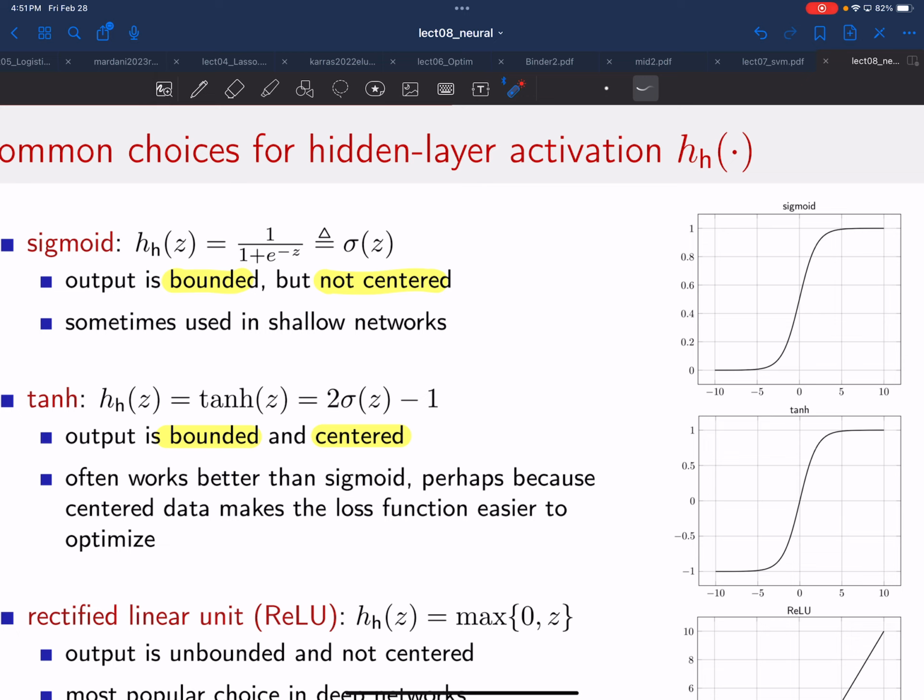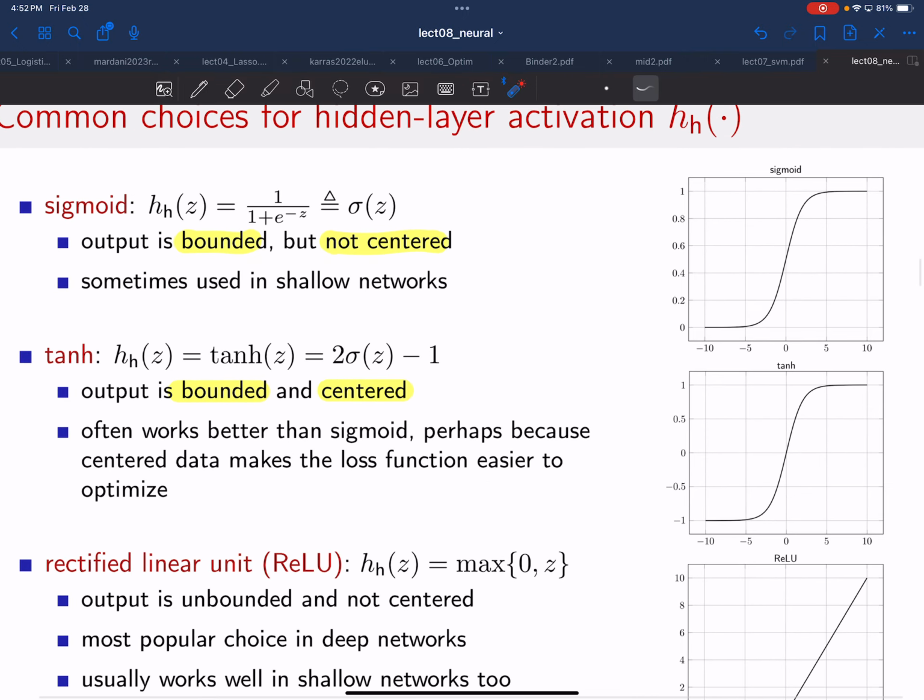So in principle, there should be no difference because you can always shift this with a bias on the next level, but in practice, you do find some differences when you make changes in these choices. There's a lot of complicated stuff going on with the loss and the optimization algorithm and the way that things are initialized. And so often it's not obvious what's happening, but you do notice differences as you make different design choices.